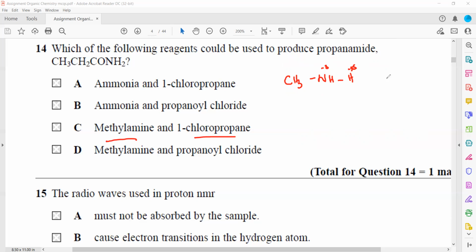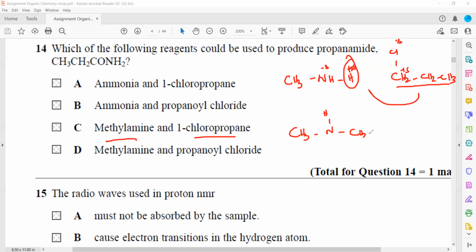React with 1-chloropropane. So 1-chloropropane means CH2, CH2, CH3, and then Cl is there. Partial negative and partial positive. So what will happen? This hydrogen will be replaced by this whole carbon chain. So it will produce CH3, NH, and then CH2, CH2, CH3, plus HCl.